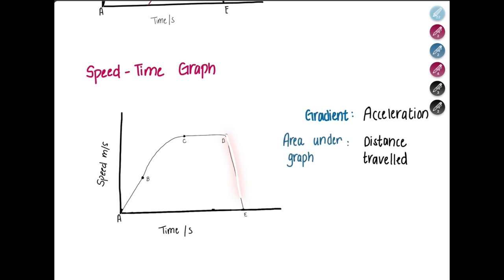And finally D to E, we have deceleration. Now if you have two graphs like this and something like this, we have acceleration in both of these regions, but we can say acceleration is going to be higher in this region compared to this. Why? Because the graph is steeper.